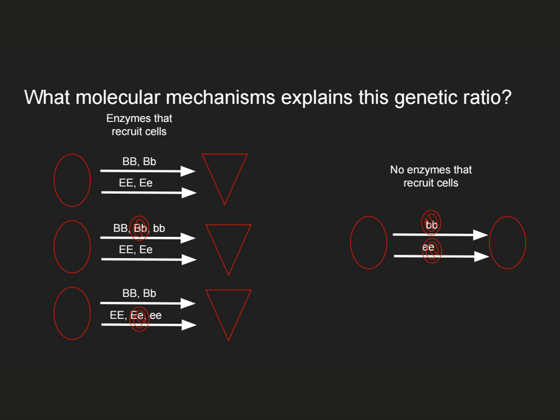The molecular mechanism that could explain this genetic ratio is more straightforward. Essentially, these two pathways act in parallel and they're redundant to one another. One of those pathways could be totally broken, and the plant could use the other pathway to still get the same phenotype. So in the first case, we have both pathways working normally. You get the triangle shape.